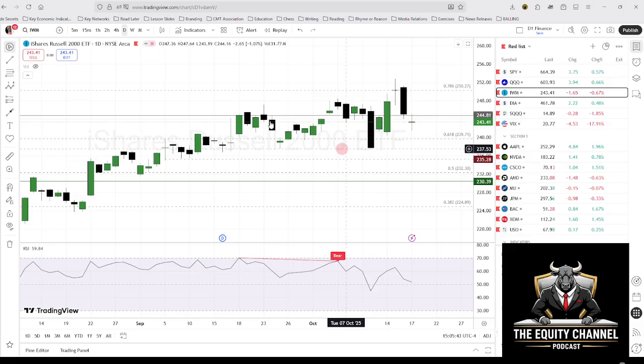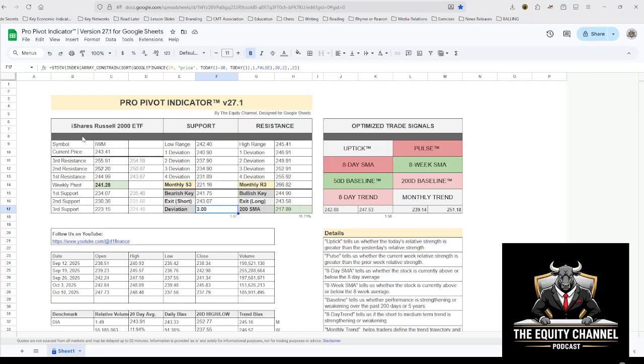I repeat, whenever this number right here is bold, I'm talking specifically about this number, not all the other numbers, this deviation, that means the market is coiling. It's coiled tight and just waiting for something to happen so that it can explode to the upside or to the downside.